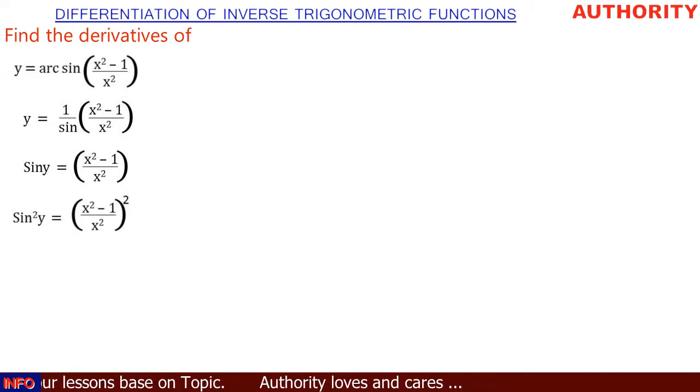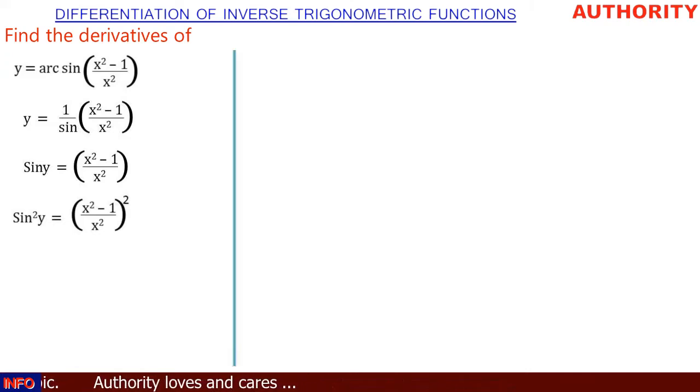That is, we take the square of both sides. So if you take the square of sine y, it's going to give you sine squared y. And if we take the square of the other side, it's going to give us (x squared minus 1 all over x squared) all in bracket squared. You get it?